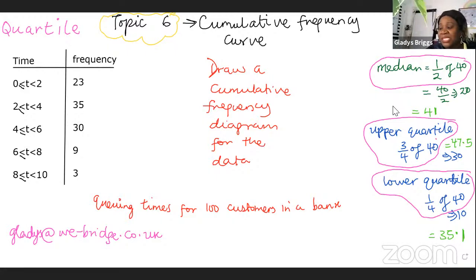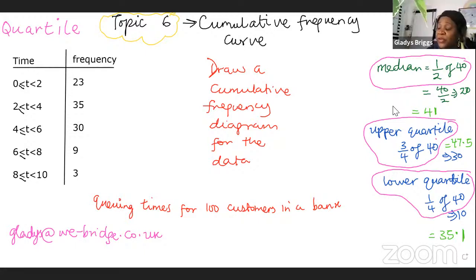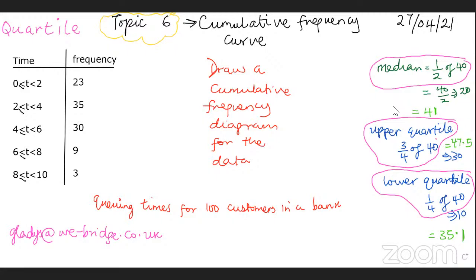What is half of 100? 50. So you go to 50 and you follow it up to where your graph is and come down to the data and read it off in the x-axis, okay?